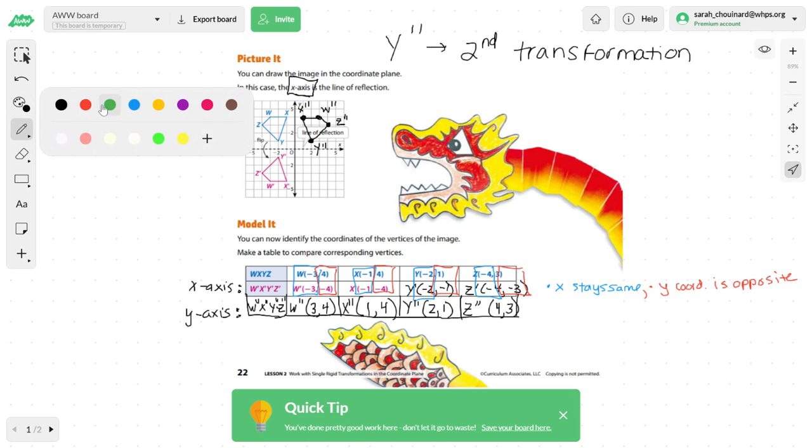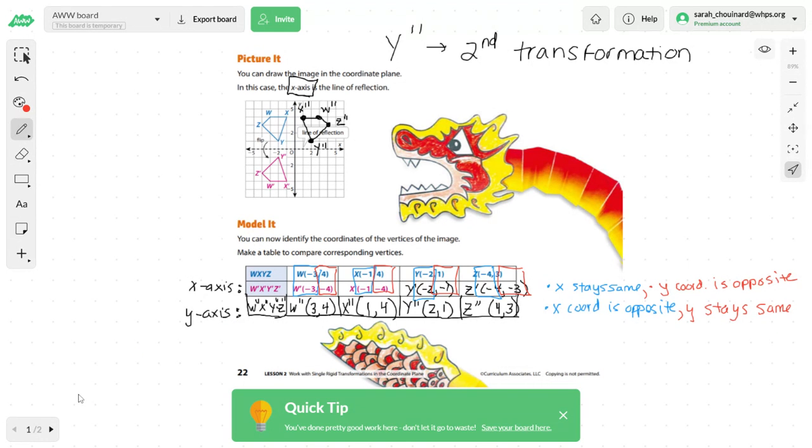So when you go over the y-axis, this time x becomes opposite, and y stayed the same. So the way I remember that is if it's an x-axis reflection, x is what's staying the same. If it's a y-axis reflection, y is who stays the same.